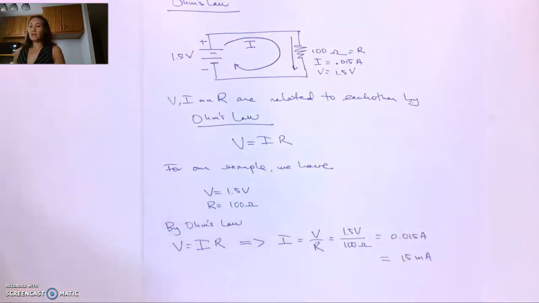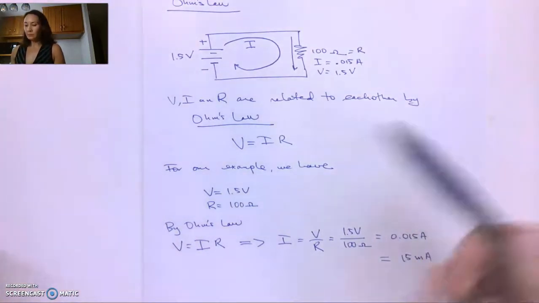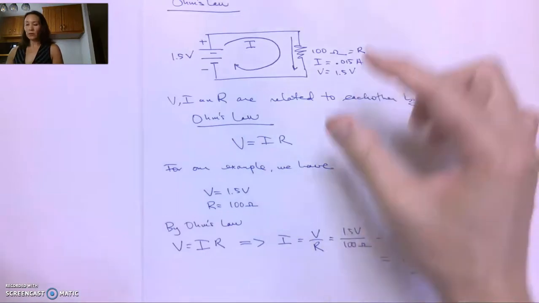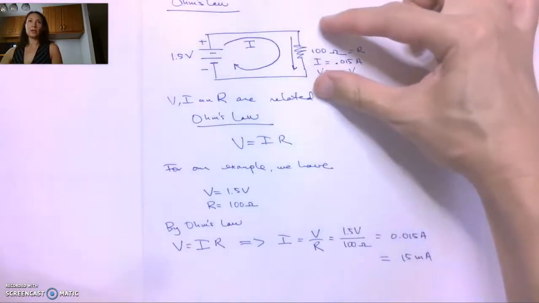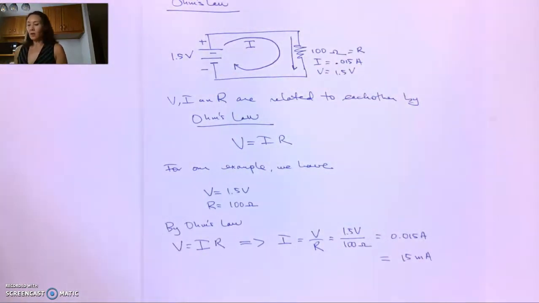Now let's discuss this conceptually. We have a voltage source that is connected directly to the resistor. Now remember, we think of voltage as the push it requires to push the current through the resistor.